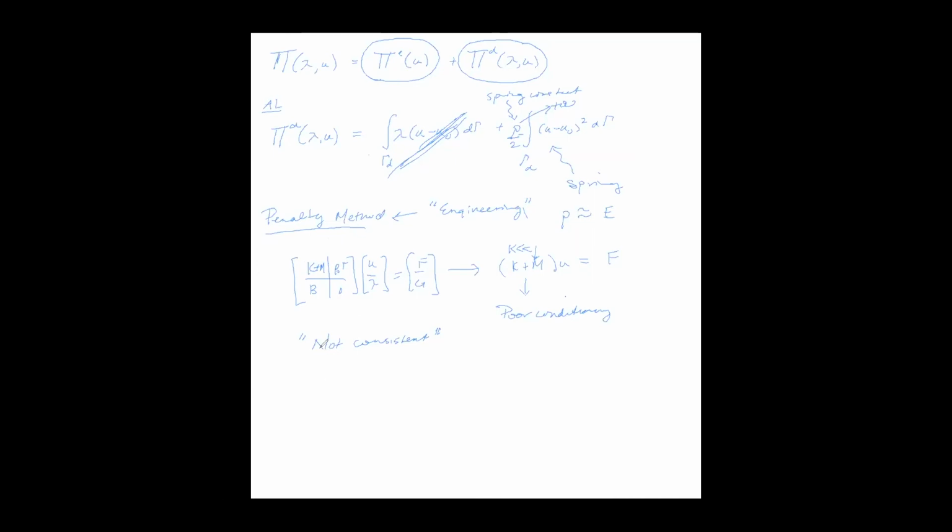And the other thing is, if you're solving this using some kind of an iterative scheme, then you're going to need a lot of iterations because of the poor conditioning. All right, so that's one. We like the penalty method because it reduces the size of the system and makes it a one field problem. But the conditioning stinks.